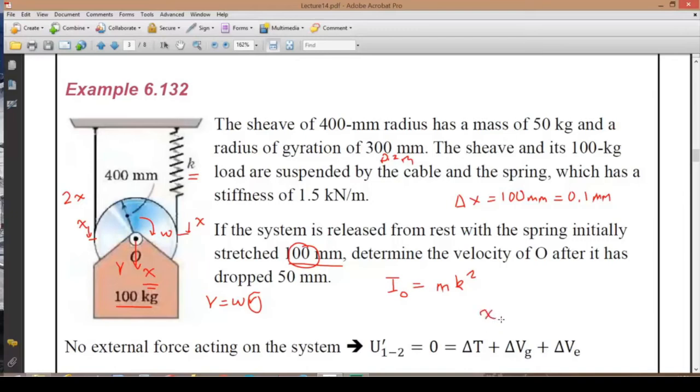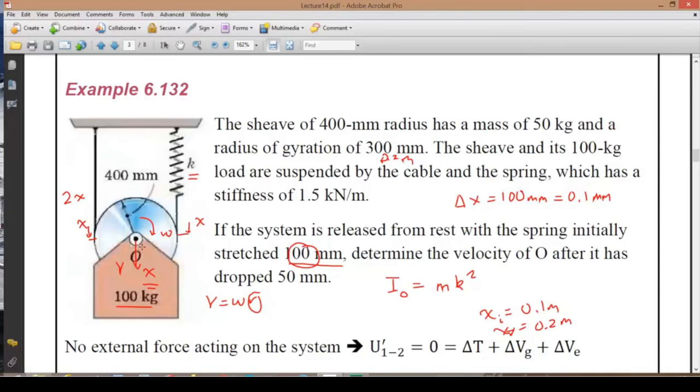Say X initial is 0.1 meters, and in the final case, X final will be 0.1 plus 0.1, 0.2 meters, which is how much this spring is stretched in the final condition.